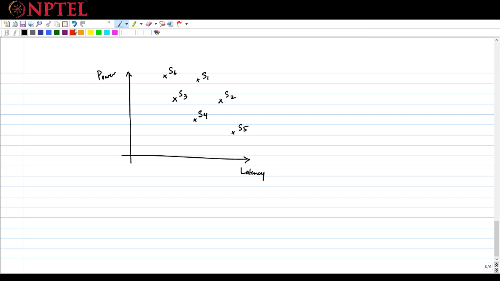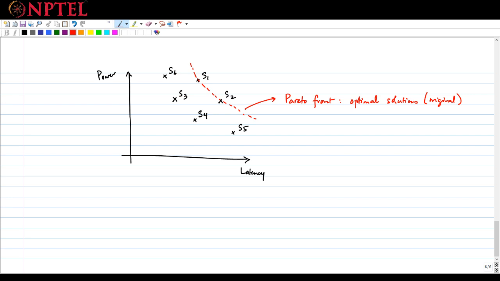So what happens is, initially what I had was S1 and S2 as my solutions, and this dotted red line that I'm drawing over here is something called a Pareto front. This is what I originally had as my optimal solutions, right?